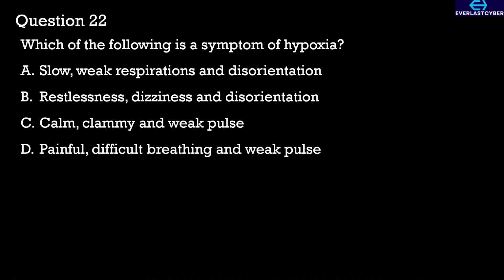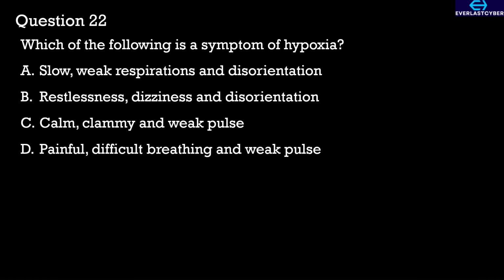In option B, restlessness, dizziness, and disorientation. These fit the symptoms of hypoxia. Remember, I listed restlessness, anxiety, dizziness, increased respiratory rate, rapid pulse, and cyanosis. So the symptoms listed in option B fit more to the signs of hypoxia. In option C, calm is not typical.